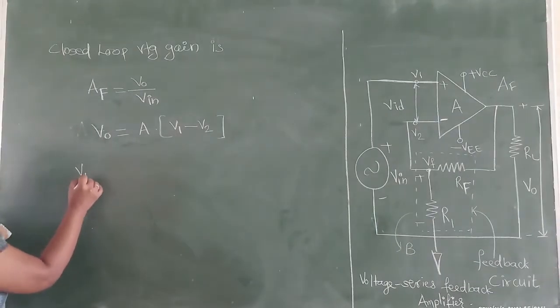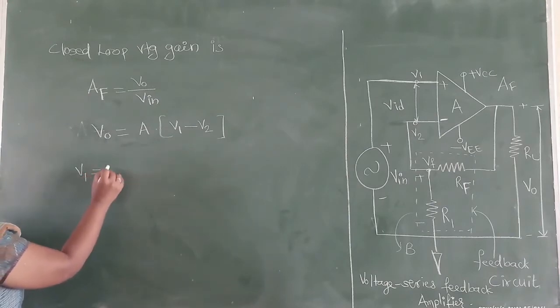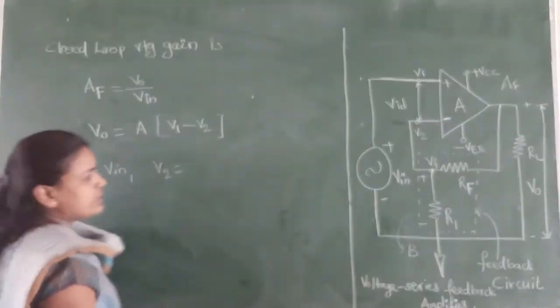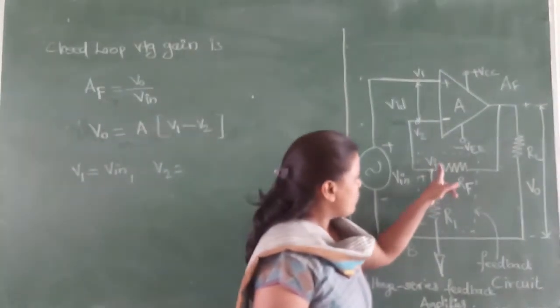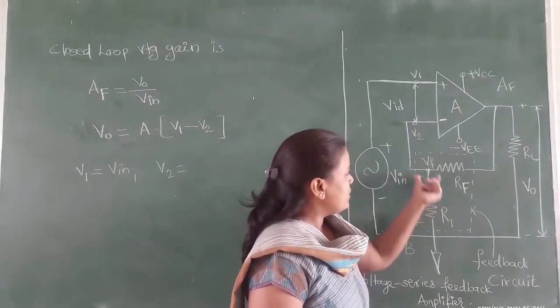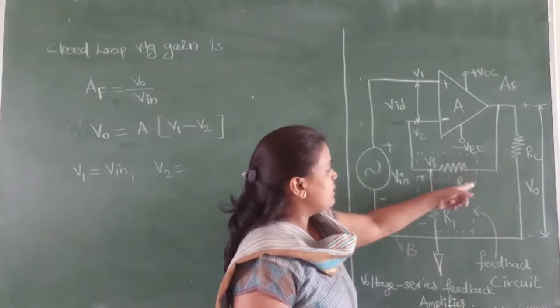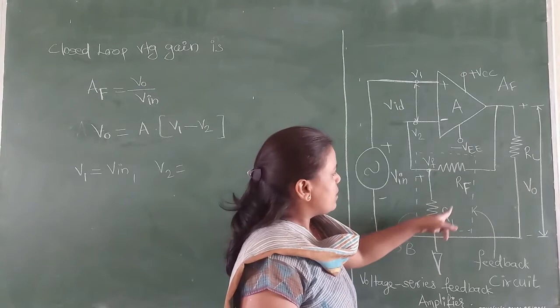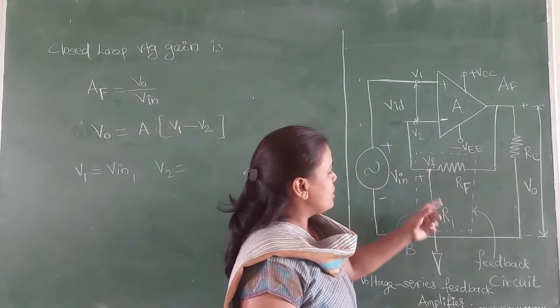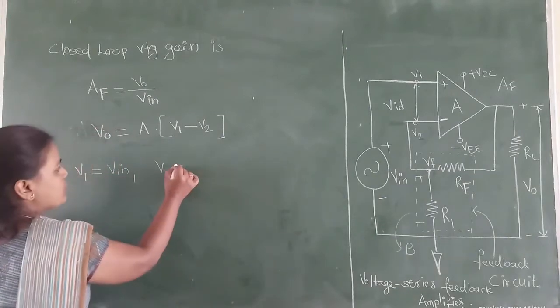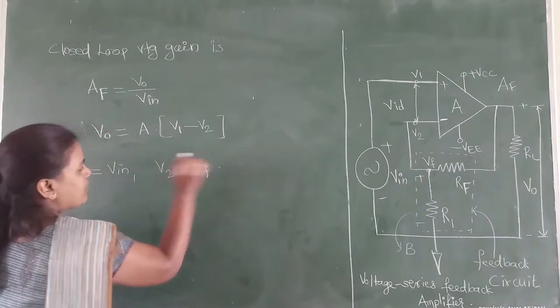From the diagram we can write V1 as Vin, and V2 is nothing but the voltage generated across resistor R1, which is because of the output voltage V0 across R1 and RF. So we can write V2 is equal to VF.